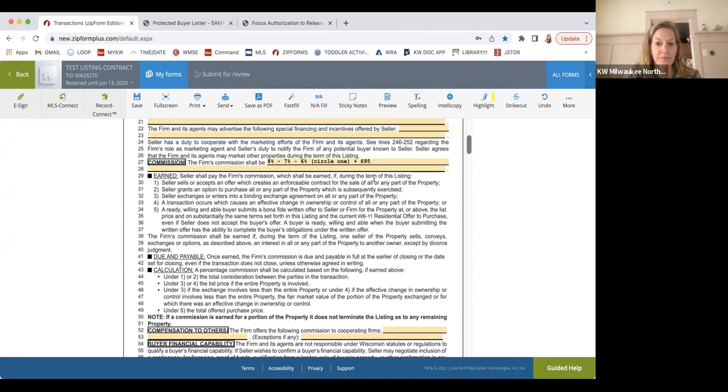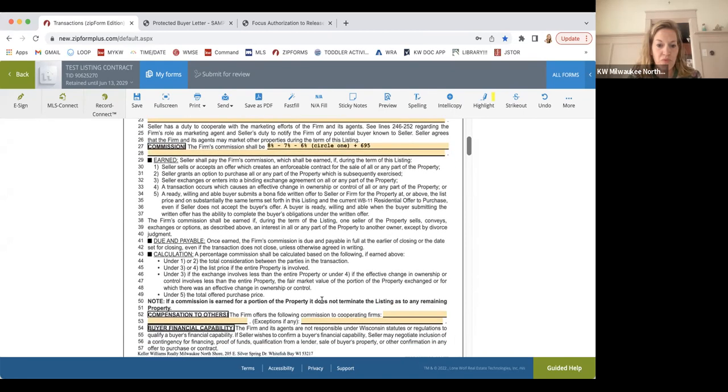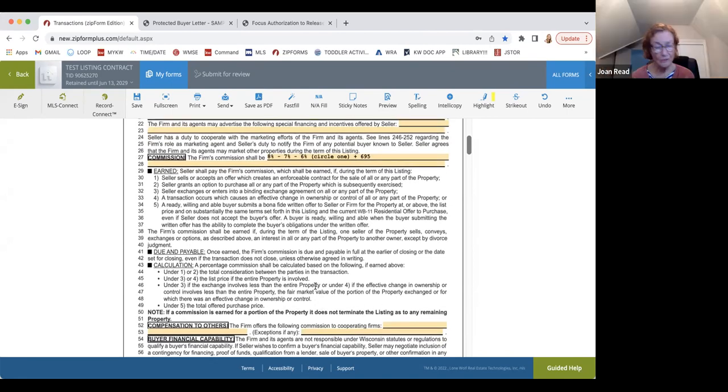So you have power to play with this number as well. So just so you know that. Yeah, just don't ever call it a fee. Right, it is a commission.